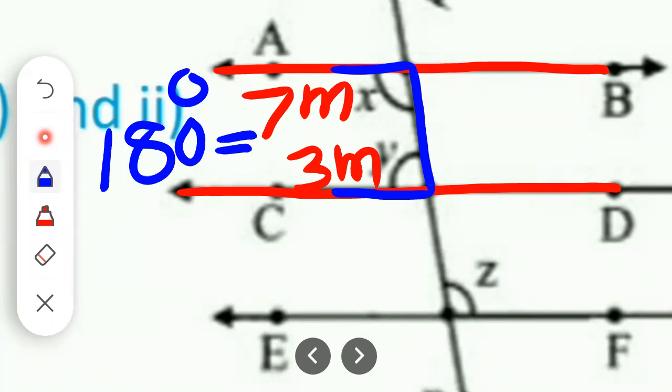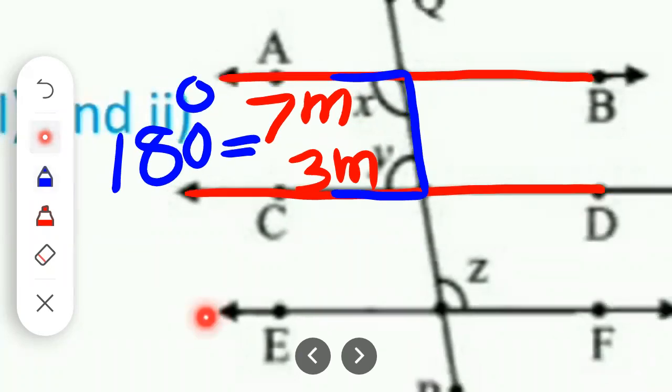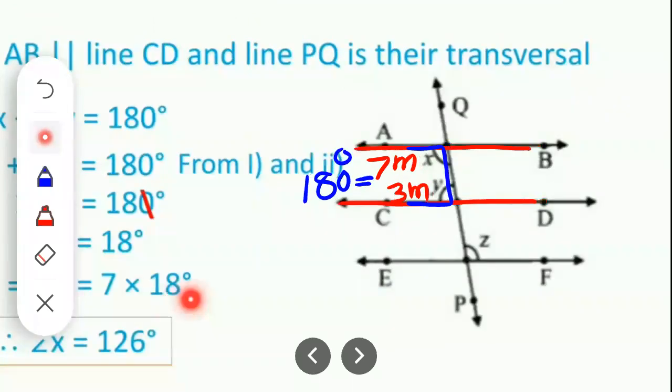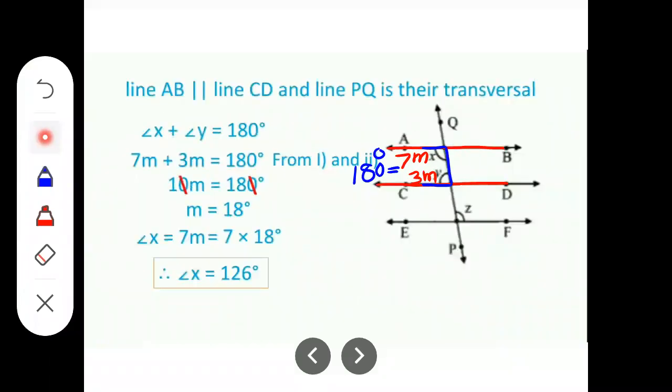So if we write the equation, see the equation here. Angle X plus angle Y equals 180 degrees, because of the interior angle property. You can write the reason also: interior angle property, as those are supplementary, that is 180 degrees.